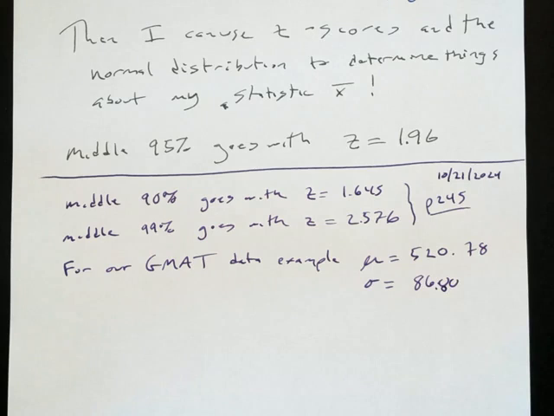How big were the samples I was taking out of this group? Five. So if I'm taking a sample of size 5, I compute the standard error for a sample of size 5.